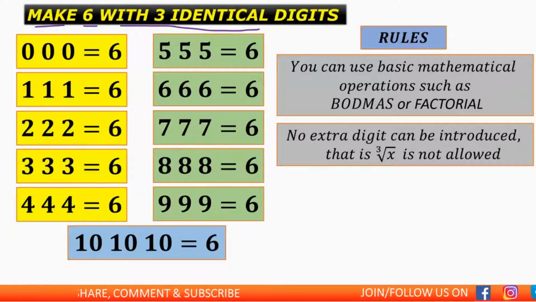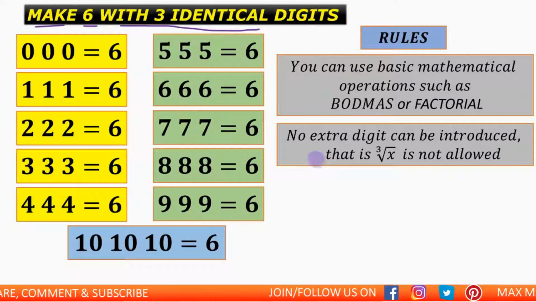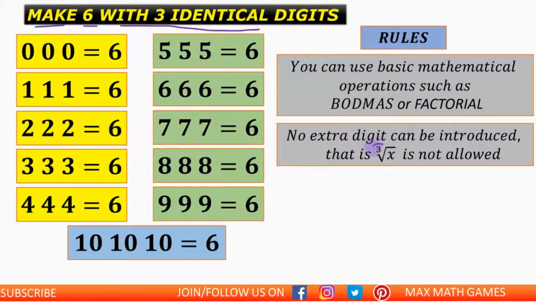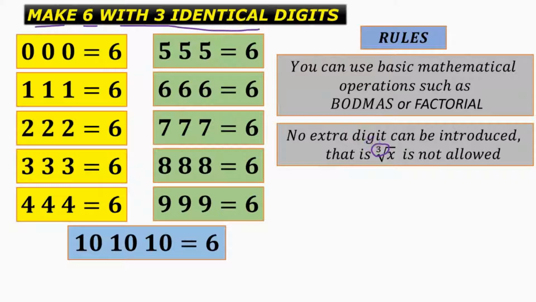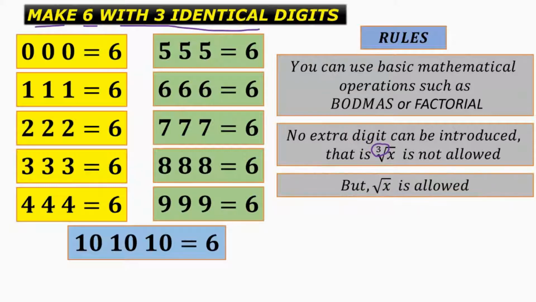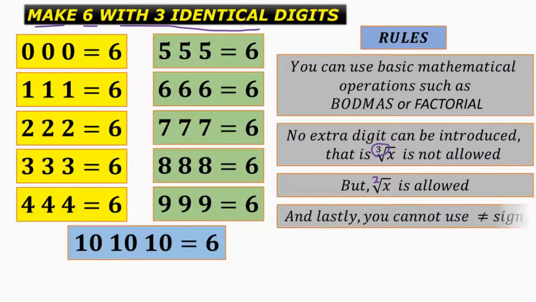That is, you cannot use cube root of x because that will make this 3 appear and this is an extra digit that you have introduced, so this is not possible. Next, square root of x is allowed, because you don't have to write 2 over here since that is implied. And lastly, you cannot use the not equal to sign. Alright, so now let us get started.